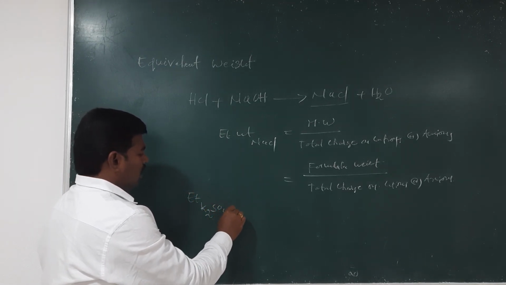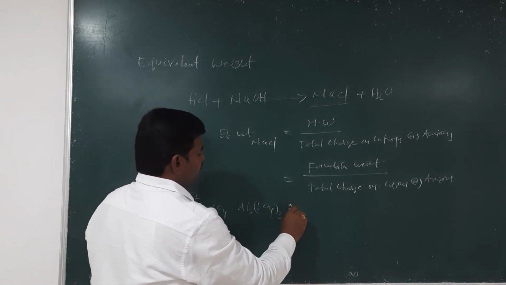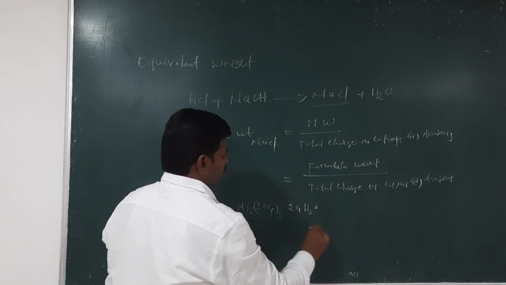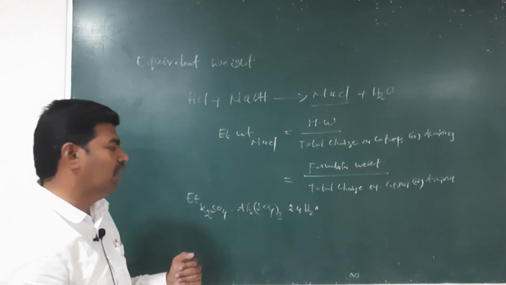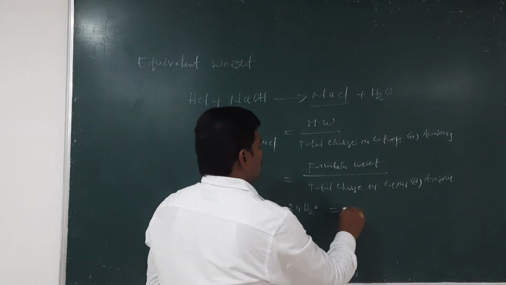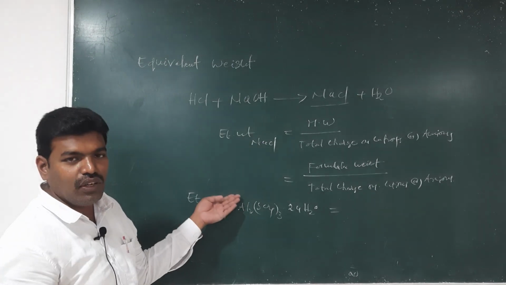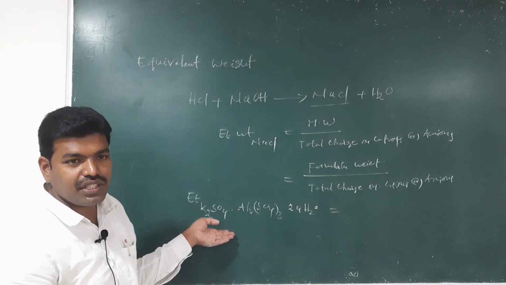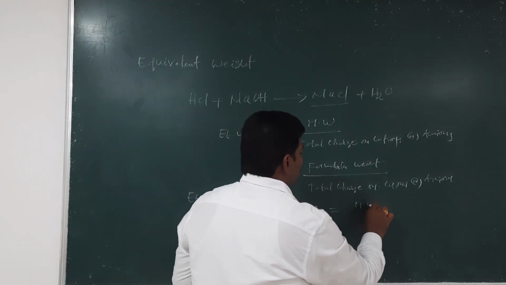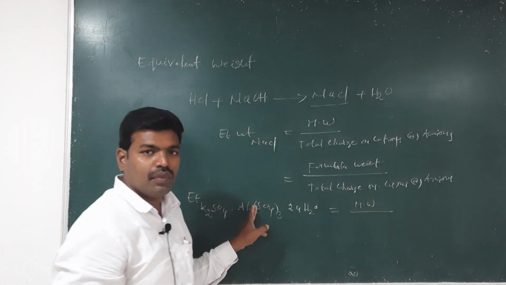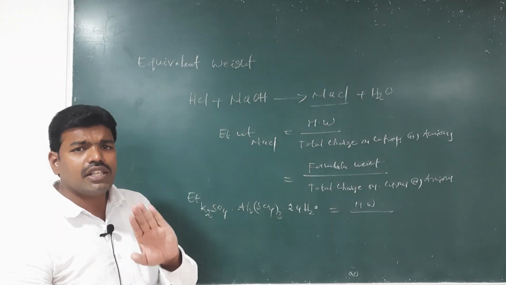Next, another example: the equivalent weight of K2SO4·Al2(SO4)3·24H2O. This is also a salt, alum. We can calculate its equivalent weight by dividing the molecular weight of this salt by the total charge on cations or the total charge on anions.